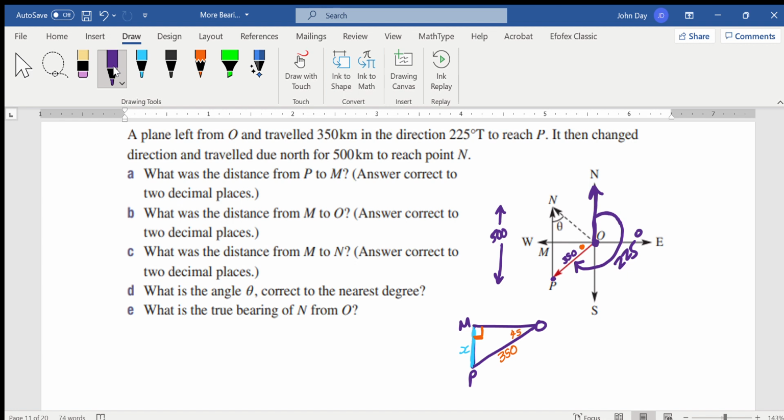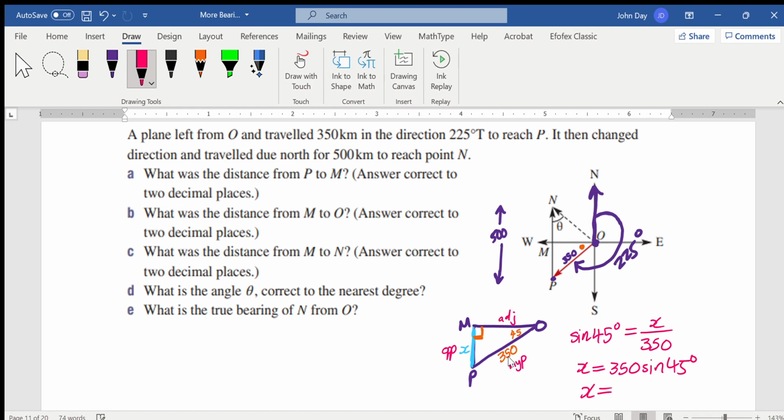So if we label up our triangle, we've got our hypotenuse, which has 350 written on it. We've got our opposite side, which is opposite to the angle 45. And our adjacent side's got nothing really to do with this question because there's nothing on there. So we're going to use, which is the ratio with opposite and hypotenuse? Sine. We're going to use sine 45 equals X over 350. So X equals 350 sine 45.